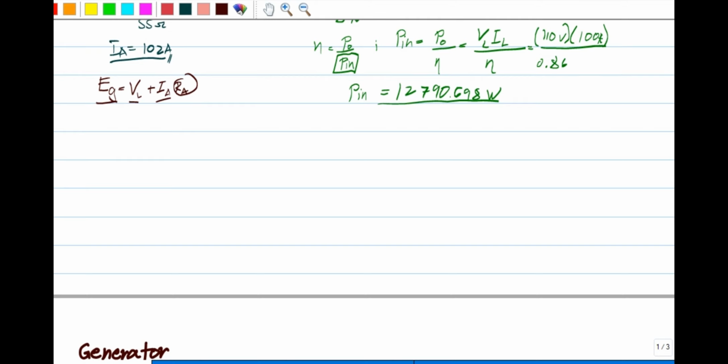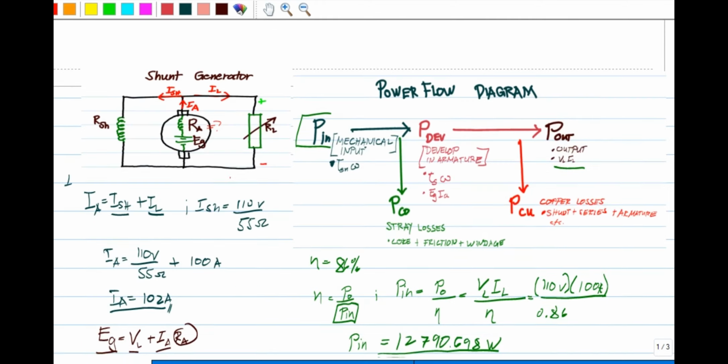Okay. From the power flow diagram, the overall input, which is 12,790 watts, is right here. While the EG, which is the one we are going to find, is right in the power developed in the armature.